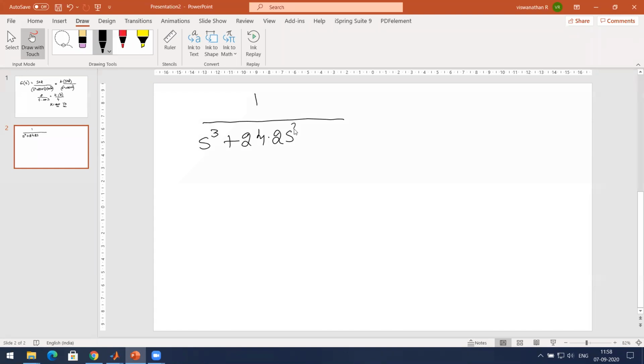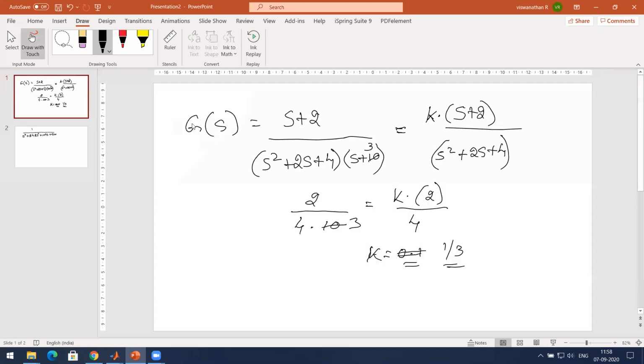Some of the things I leave out, but some are required to know how the control engineering theory has come up. So if this is a third order system, previously this was a second order system and this was a first order system. So multiply, you get a third order system.